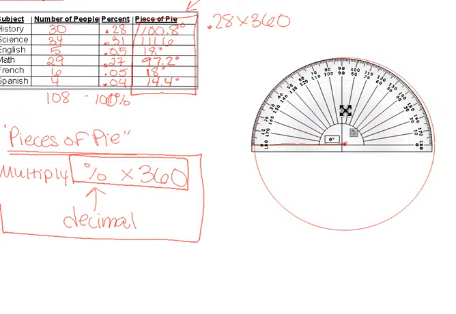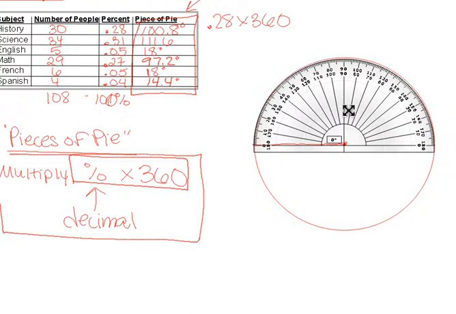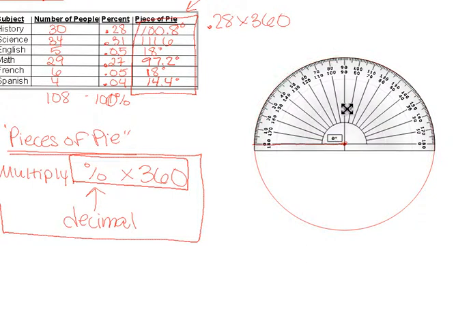Okay, and then put the protractor back. You need to have your radius at 0. And now we can measure where 100.8 degrees is. So you want to look at the outside numbers. Since this is 0 degrees and this is 180 degrees, we're looking at the outside numbers. 100.8. Put a little mark there.